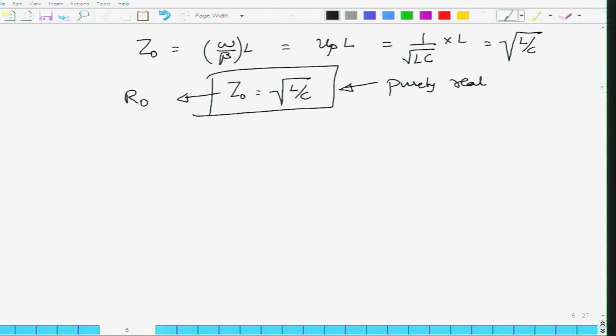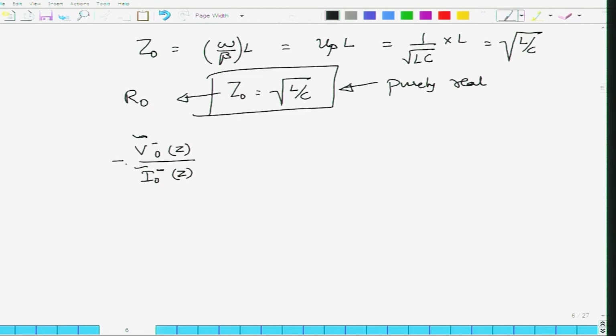Okay. The definition of characteristic impedance can also be obtained by considering the negative going voltage and the negative going current. This is V0 minus to indicate that this is a negative going voltage, okay, and this tilde indicates that this is the phasor that I am considering, and the characteristic impedance is actually defined with a minus sign over here.